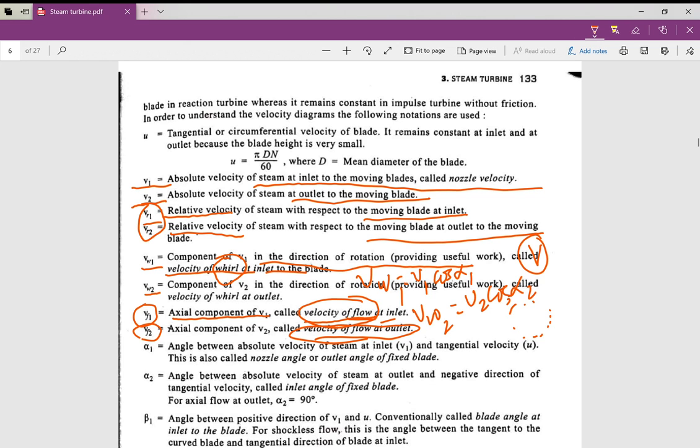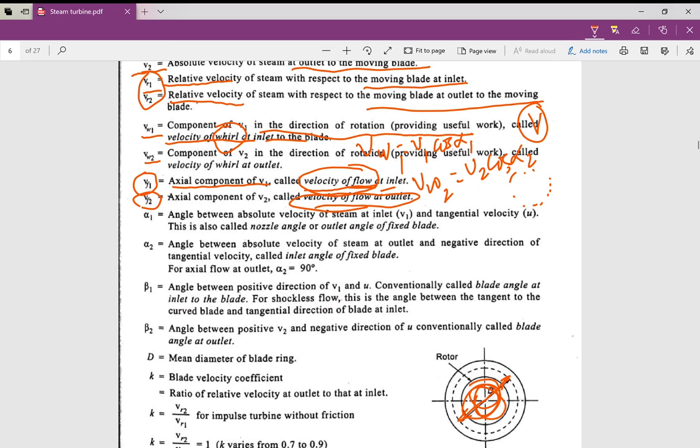Right. Now this alpha 1 is an angle, because nozzles are inclined. Nozzles are inclined, through which steam comes from the boiler and glides on the moving blades. So that inclination angle is called alpha.